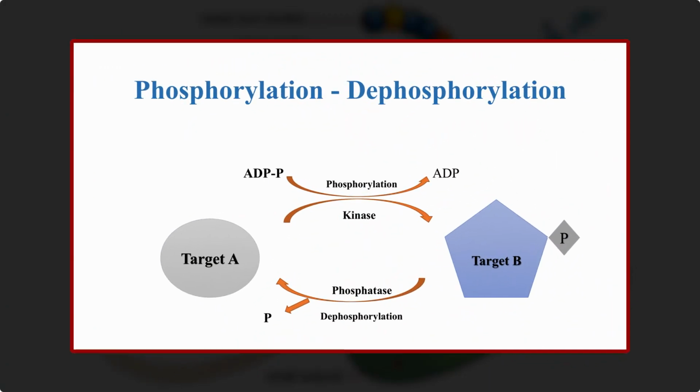But this modification mainly happens on serine, threonine, tyrosine, and histidine residues. It includes transferring a phosphate group from adenosine triphosphate to the receptor residue by kinase enzymes. Conversely, dephosphorylation, or removal of a phosphate group, is an enzymatic reaction catalyzed by different phosphatases.